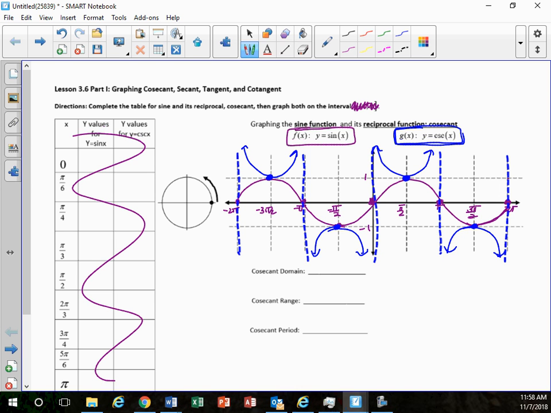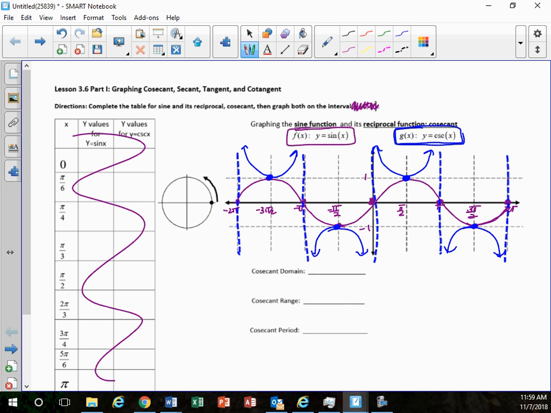That's the relationship between sine and cosecant. They're reciprocals. Remember, sine was opposite over hypotenuse, and cosecant was hypotenuse over opposite. Remember, the input is the radian, and the output is the y value.